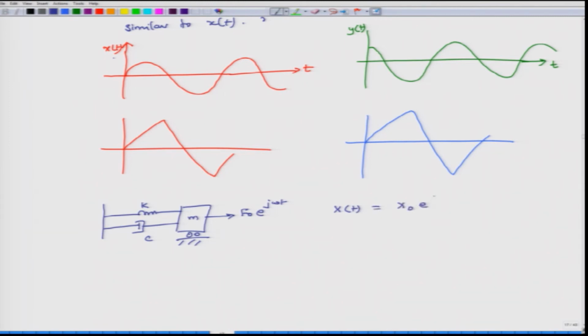It is x0 e^(jωt), because it has a similar behavior. This will not hold true if the system was nonlinear. It will hold true only if the system is linear in x and f. Okay. So, this is the third thing.